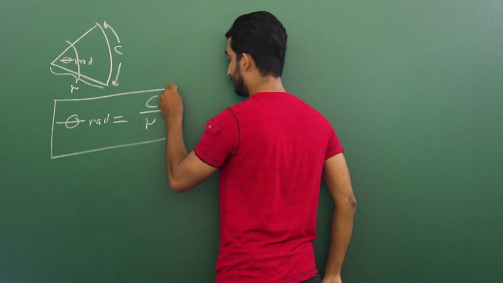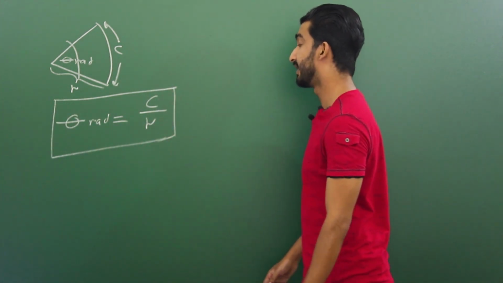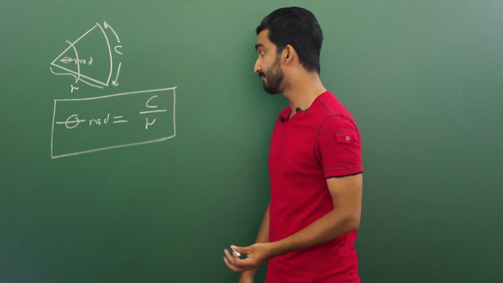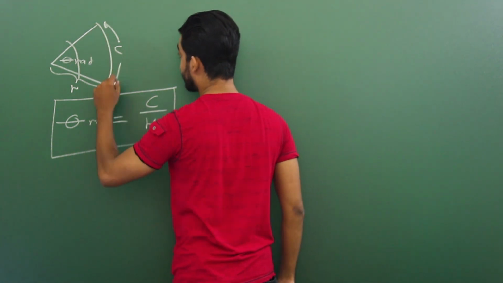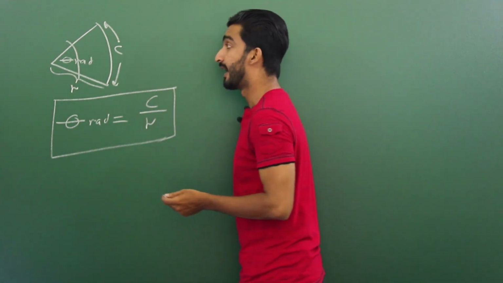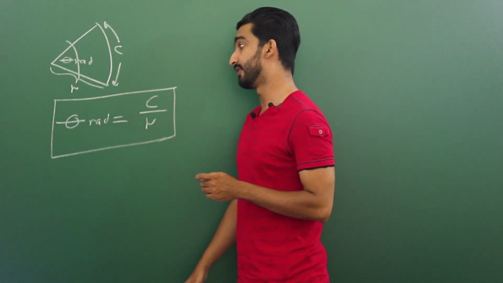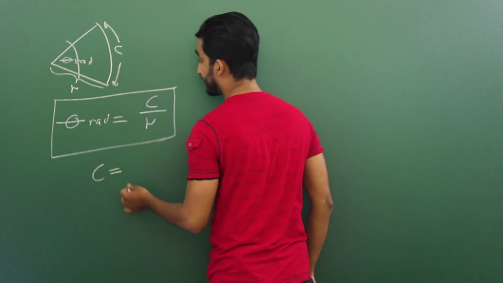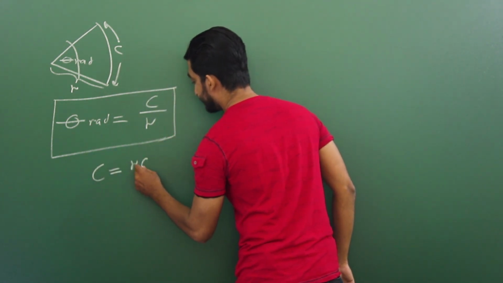Now we can derive two formulas with the help of this basic concept. If you are supposed to find the arc length and the angle is given in radians, you can find the arc length by r theta.